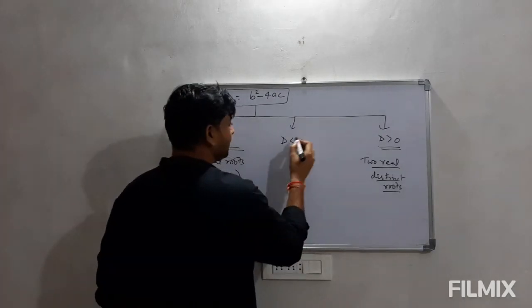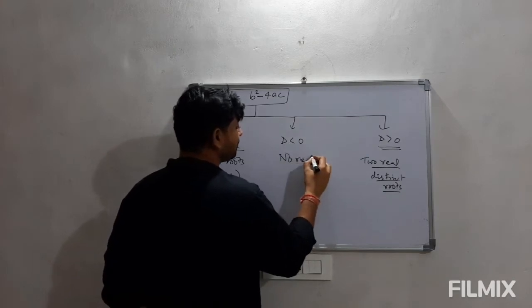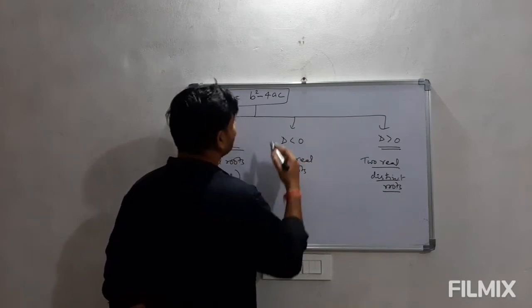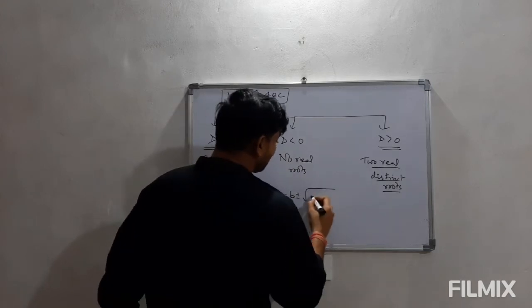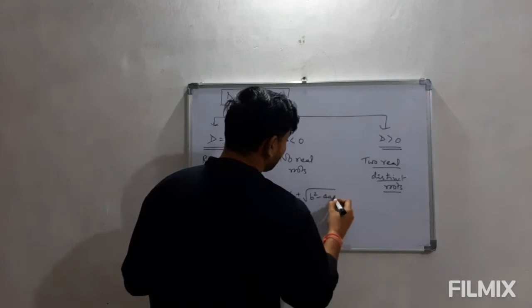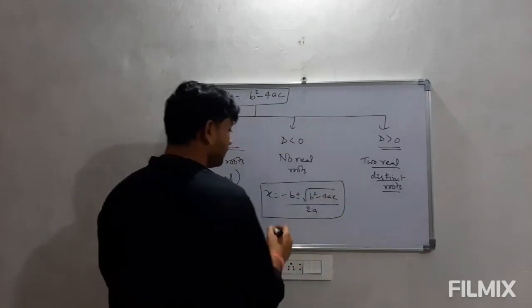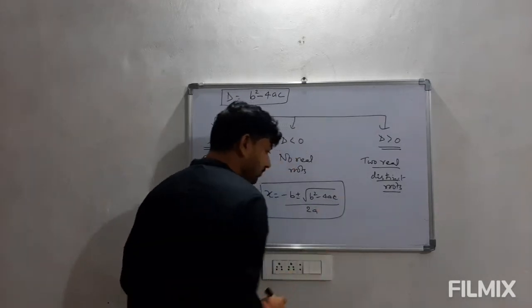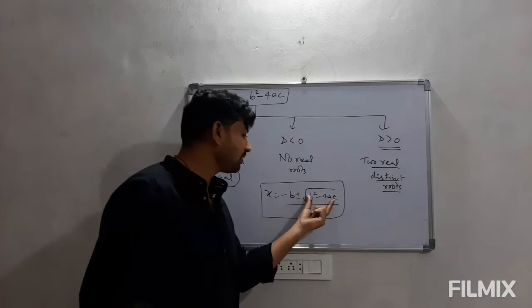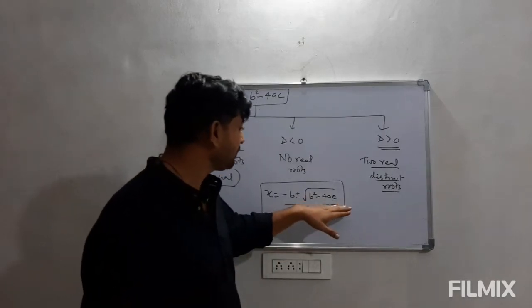Now, when it is less than 0, there will be no real roots. When we look at the quadratic formula, we get minus b plus or minus under root b square minus 4ac upon 2a. Here we are writing this under the radical sign, under root of b square minus 4ac.